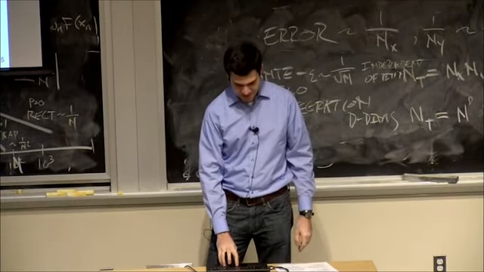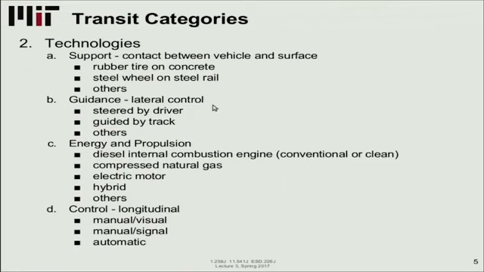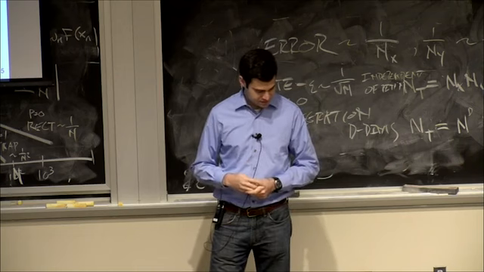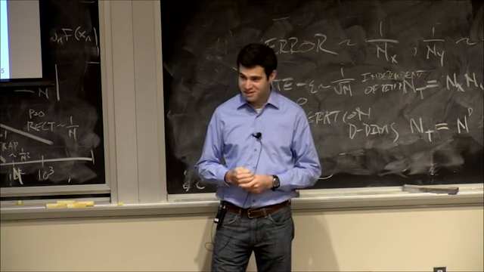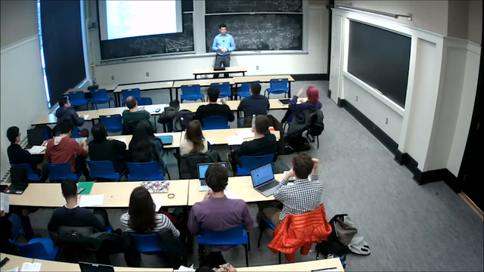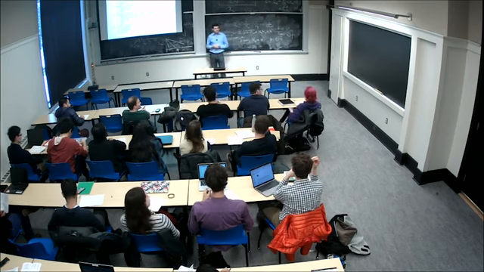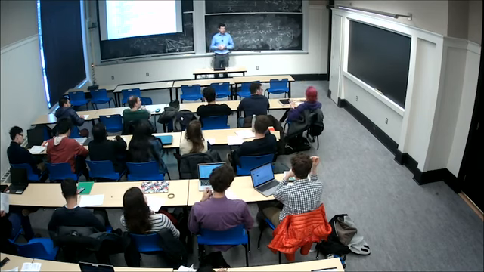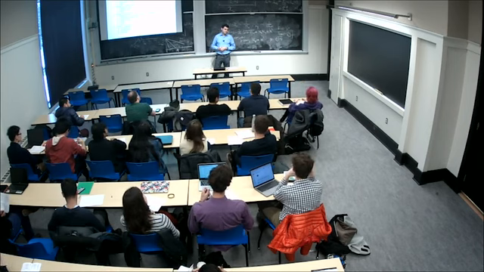Let's talk about guidance now. And when I say guidance, I mean lateral control. What steers the vehicle? So traditionally steered by the driver, right? So that's for bus. For rail, obviously, the vehicle is guided by the track. And then there are other forms of steering. Any ideas of what they could be? Emily? I mean, this is also sort of a little bit into the future, but self-driving vehicles.